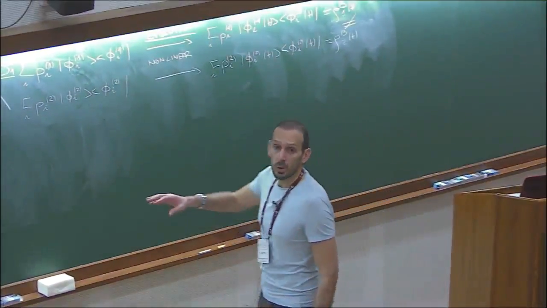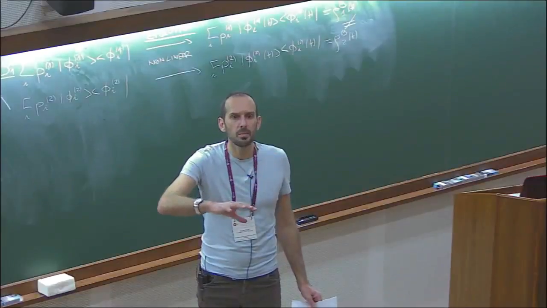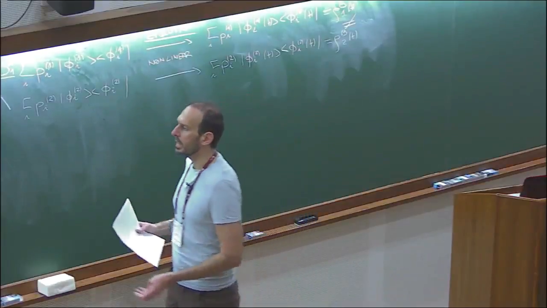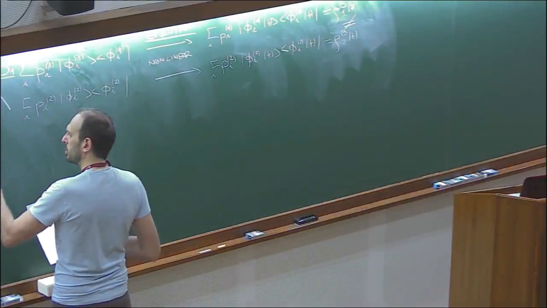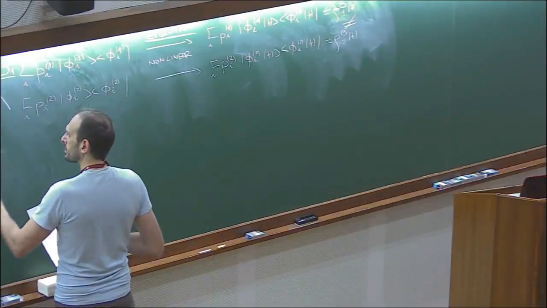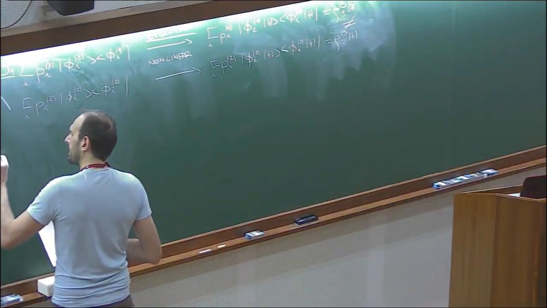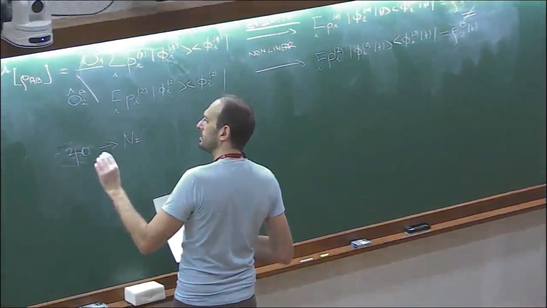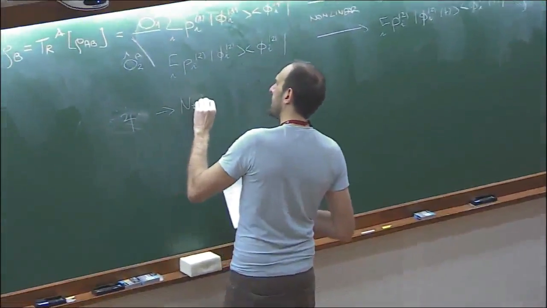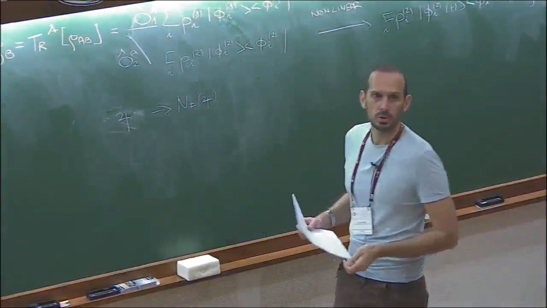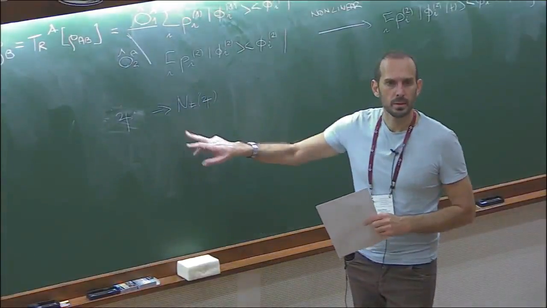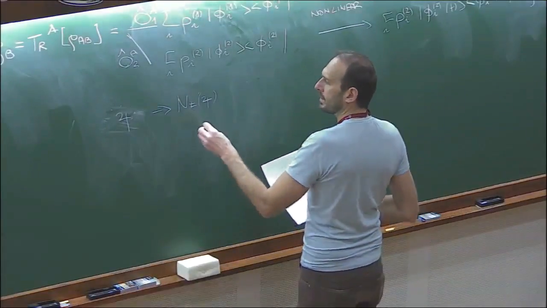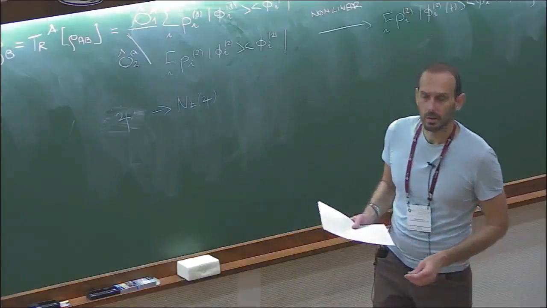No, it is just a silly example of a nonlinear evolution. Suppose that I define the evolution: psi 0 goes to N_t of psi. So this is the evolution. N stands for nonlinear. N is an operator defined on the Hilbert space.